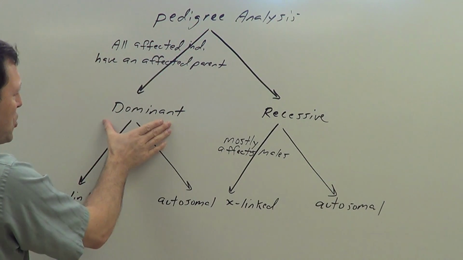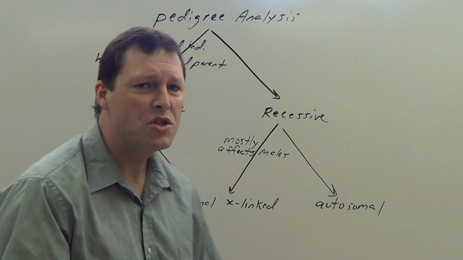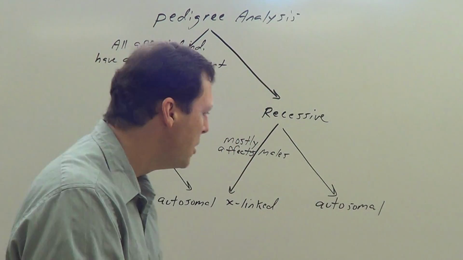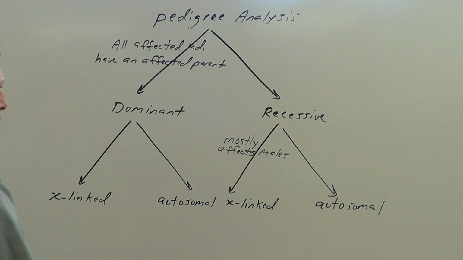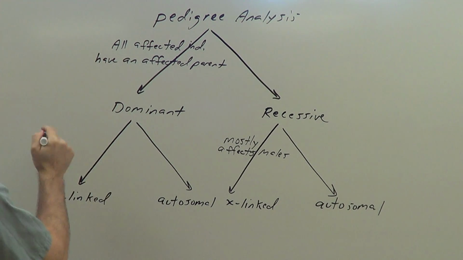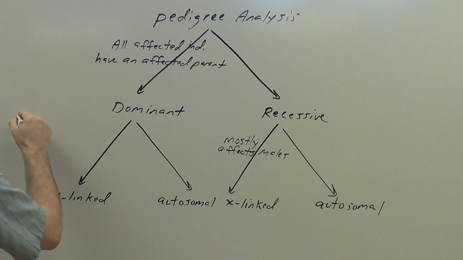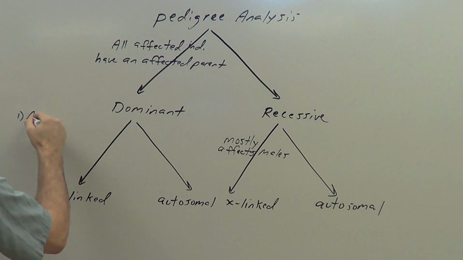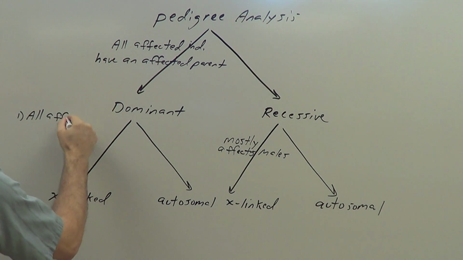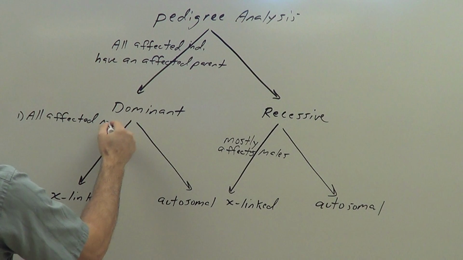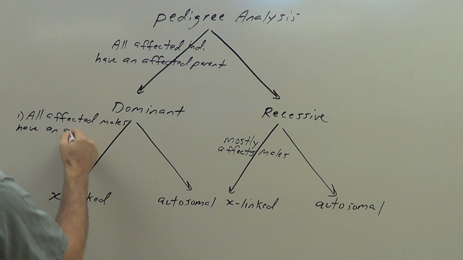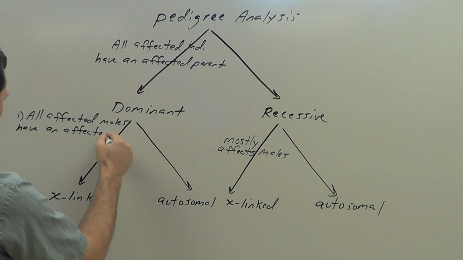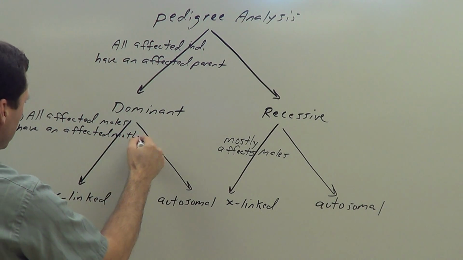Now, what if it's actually a dominant trait? Well, that one's just a little bit more complicated, but let's go ahead and go through it. First of all, affected males are going to have an affected mother. So we'll write that down. All affected males have an affected mother.